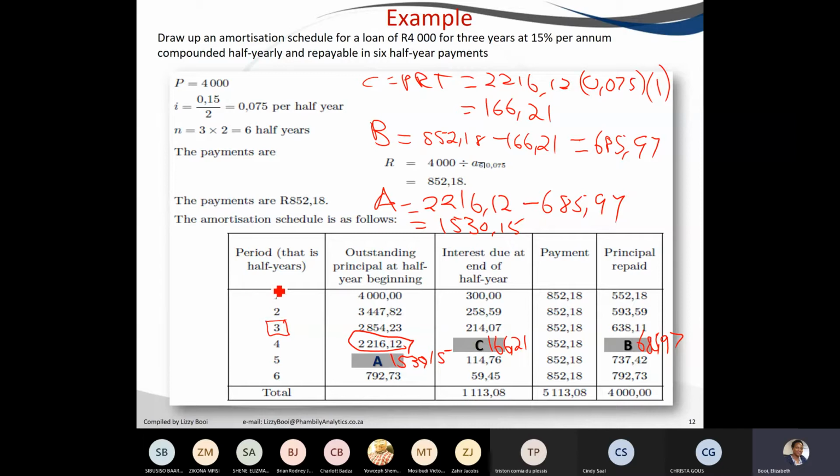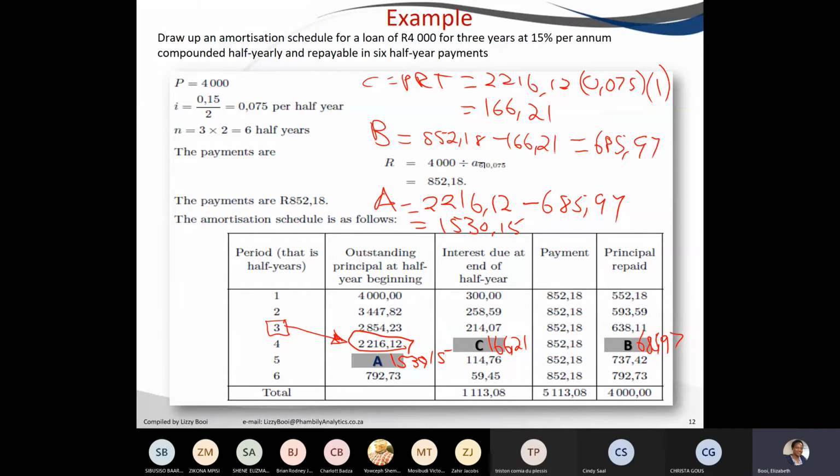Sorry, it will be the closing balance after payment 3, which is the opening balance for payment 4. If they ask you what will be the closing balance after payment 4, it will just say 260.